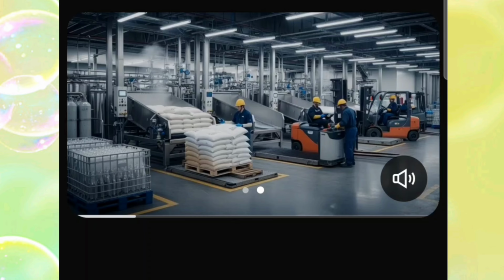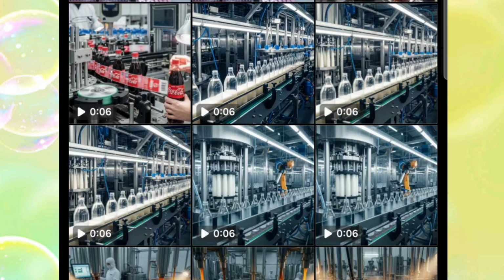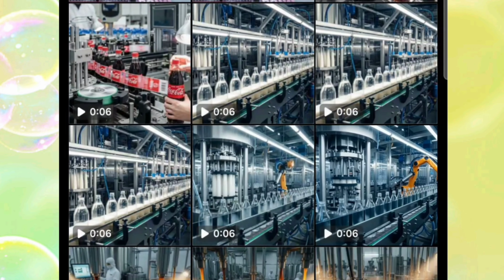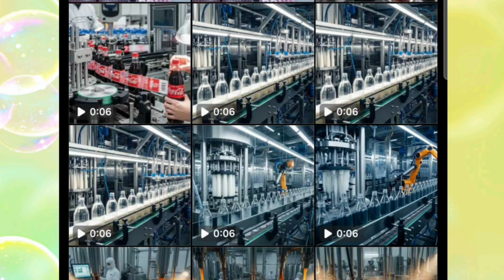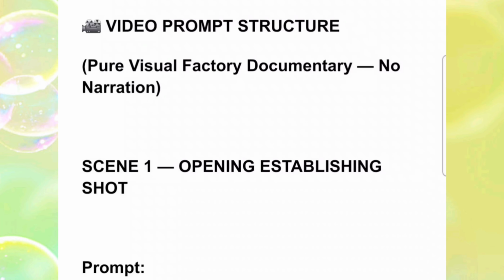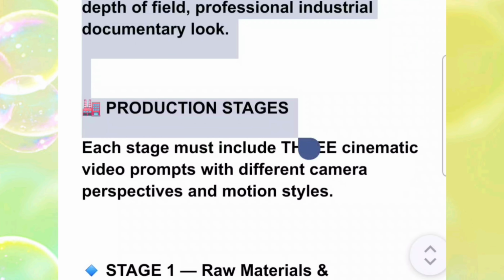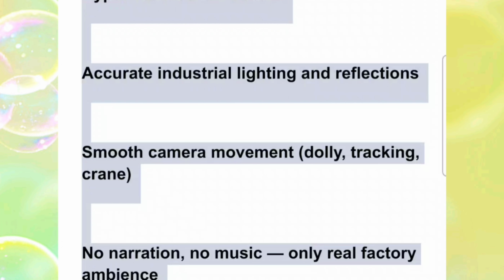created the images for. So here we have all our videos ready, but first we're going to go ahead to use the video prompt to generate our videos as well. So we're going to copy the video prompt structure. Okay, so I'll copy. So you're going to go through the prompt structure and then input the topic where necessary.